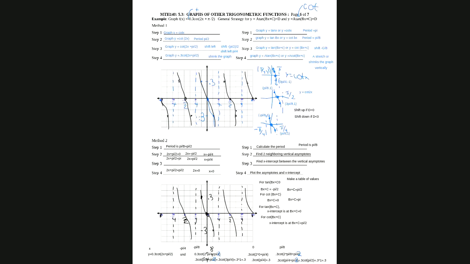So let's see, we have negative pi over 4 plus pi over 2. That would become pi over 2. And then over on this side, we have 2 times pi over 8 plus pi over 2. And so that would become pi over 4 plus pi over 2. And that would become 3 pi over 4.